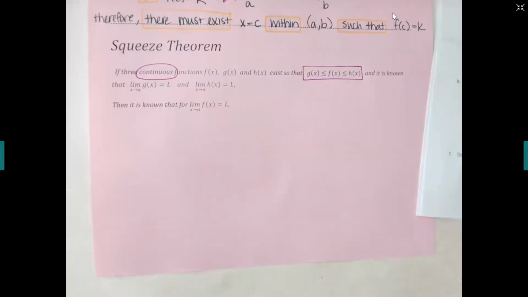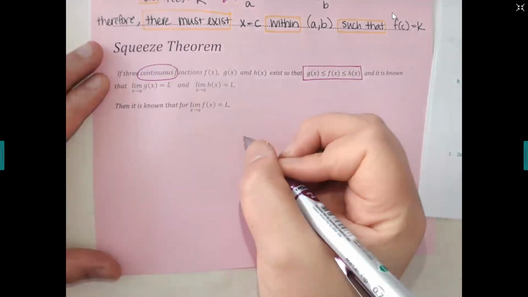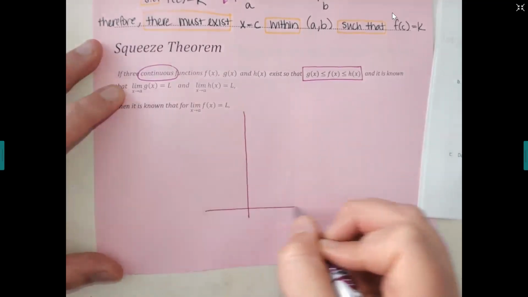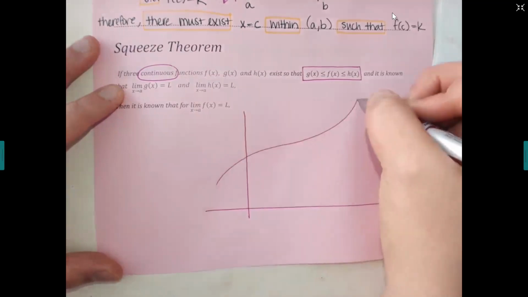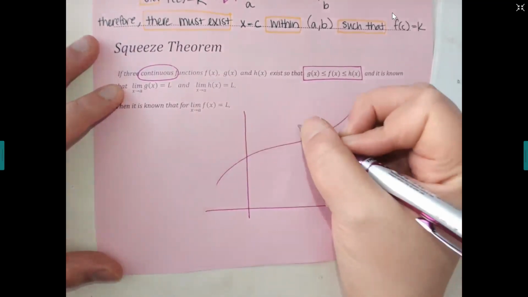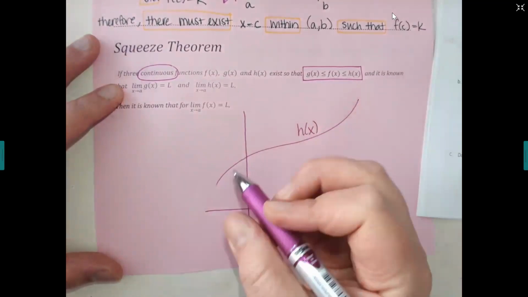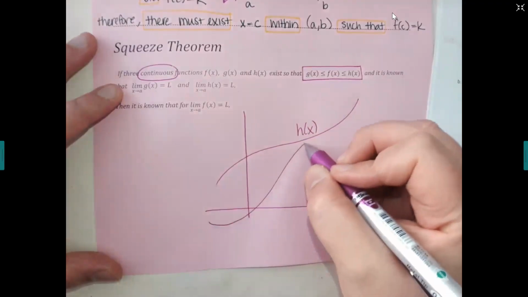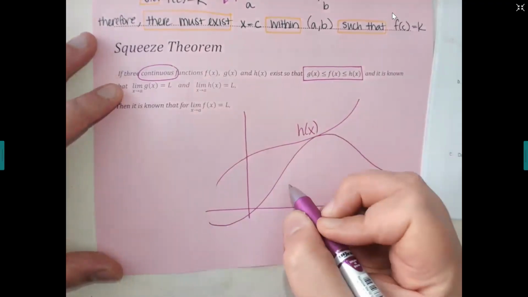Now, here's what it says. If g's limit is L and h's limit is L, then f's limit would have to also be L. Let me show you what I mean by that. Okay, let's say that we have a graph. And let's say that this is my h of x. And let's say that this is my g of x.